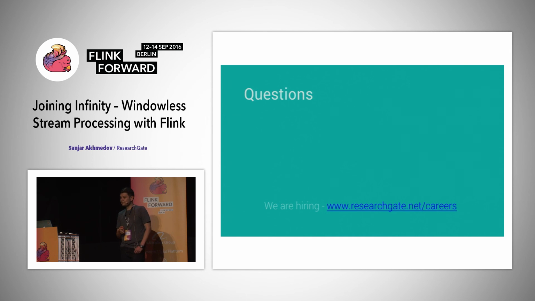But what if the original data from the database is incorrect? How can you reflect it in the Flink state? And you mean the database state is incorrect? Yeah, that would mean that we have bigger problems.